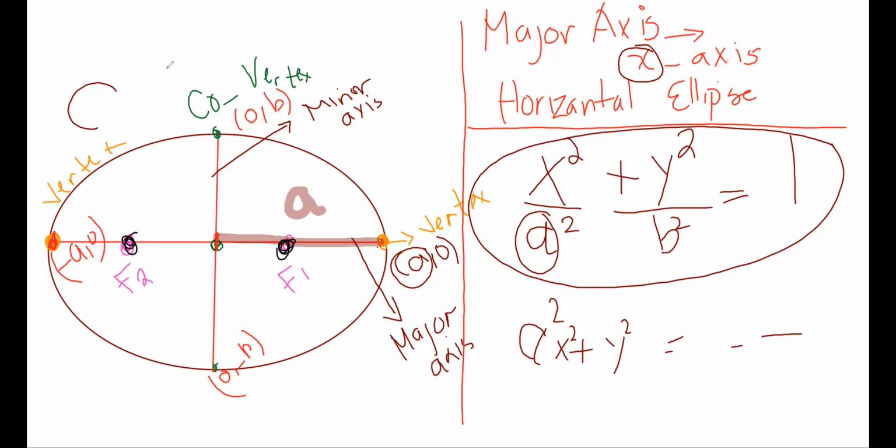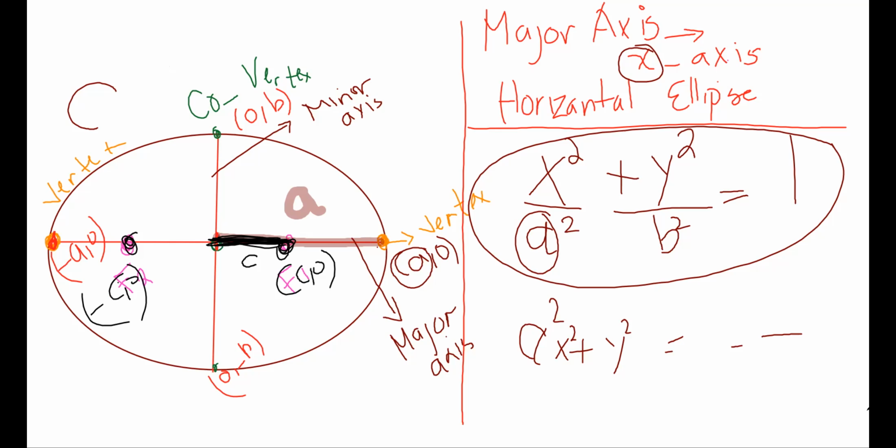The second thing I want you to know is that the distance from the center to the focus is C. The distance from the center to a vertex is A, to the co-vertex is B, and to the focus is C. Because of that, here its coordinate is (C, 0), and here it will be (negative C, 0).